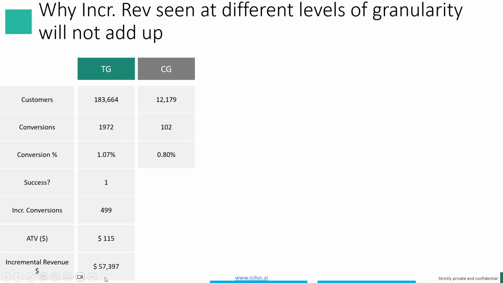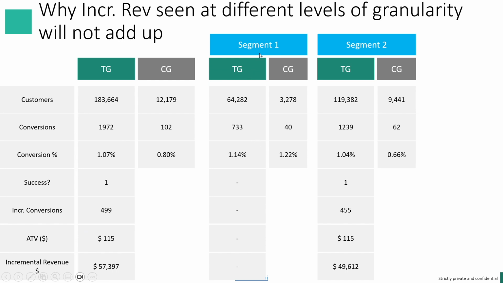If this was split out into two segments, and the split is post facto, you finished the campaign and now you're analyzing the results, these 183,000 split exactly into 64,000 and 119,000. Even the CG is exactly split into these two. The number of conversions is exactly the same, the same 1972 split out into what I got from segment 1 and segment 2.